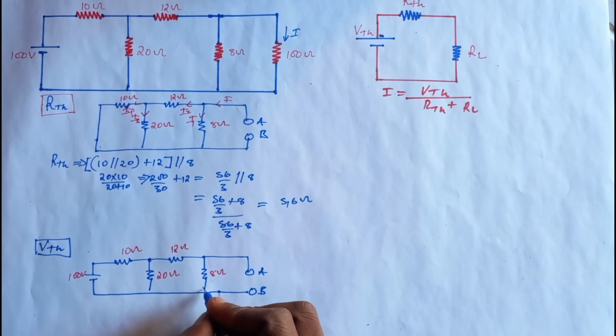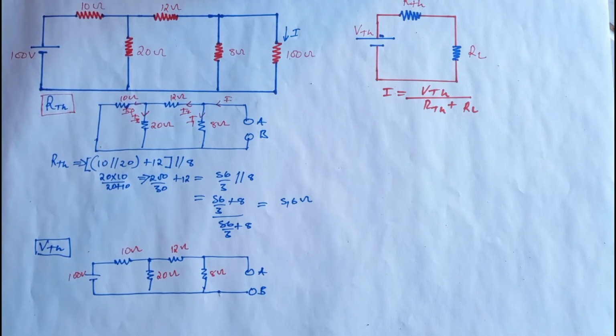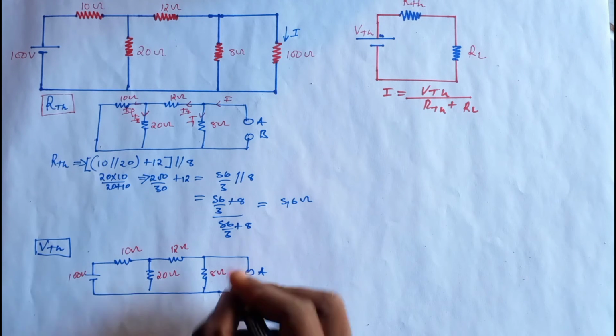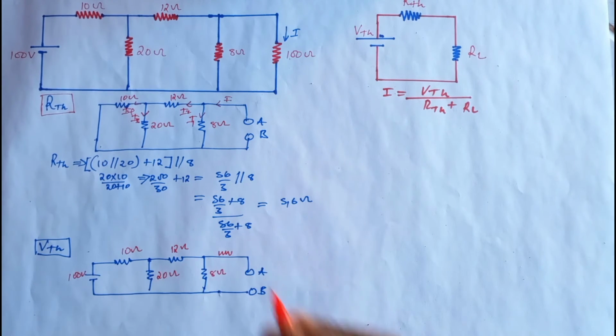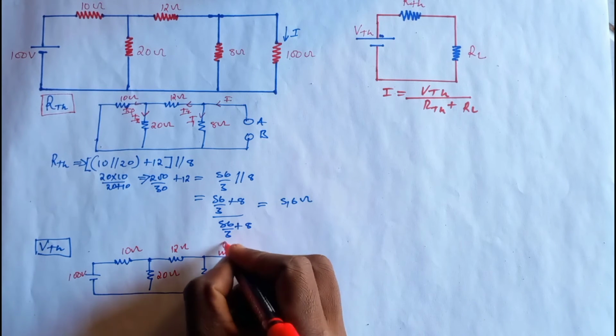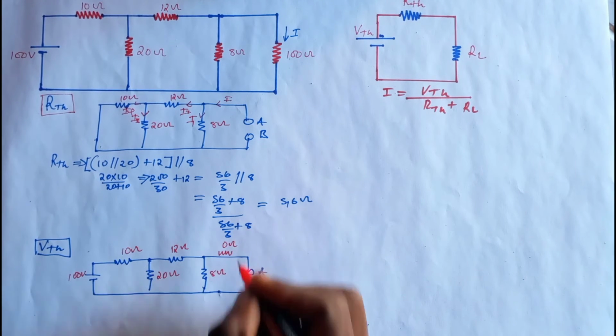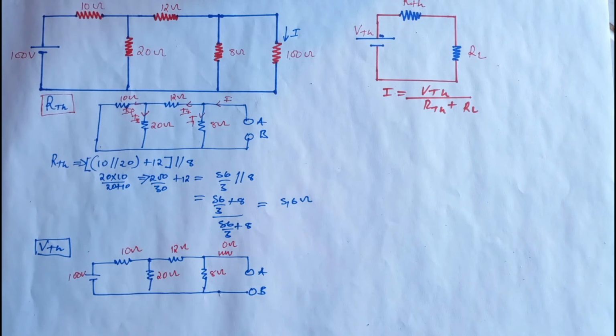In order for us to find the voltage at this terminal, I'm going to put a resistor here, let me put this resistor in red. I'm going to say we have 0 ohm here, that is the same as saying there's no resistor. Now what is going to happen here?